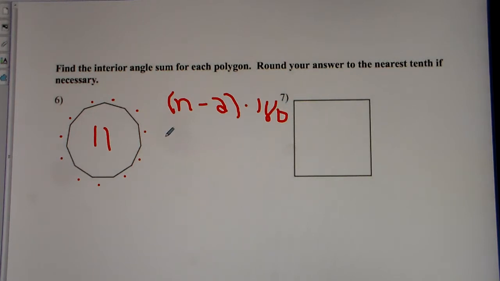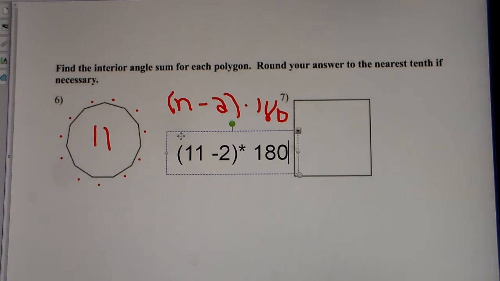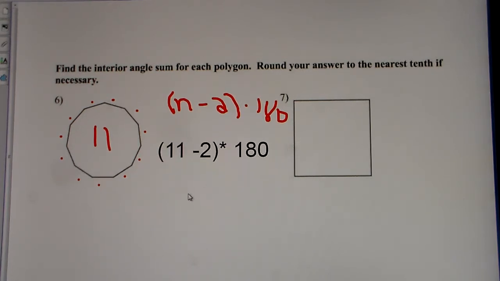So since we have 11, it's going to be parentheses 11 minus 2 times 180. 11 minus 2 gets you 9, so it's going to be 9 times 180.